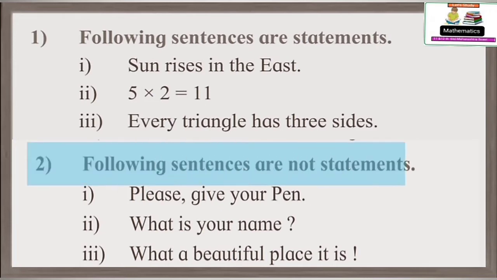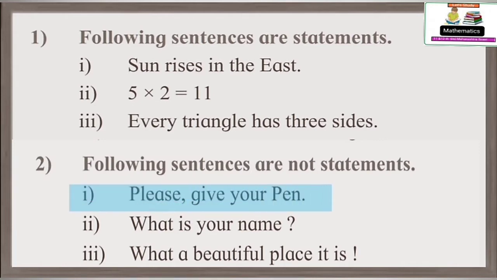Again, here are some sentences that are not statements. See, first is, please give your pen. This is a sentence, but it is not a statement because it is an imperative sentence. We cannot say that this sentence is true or false.